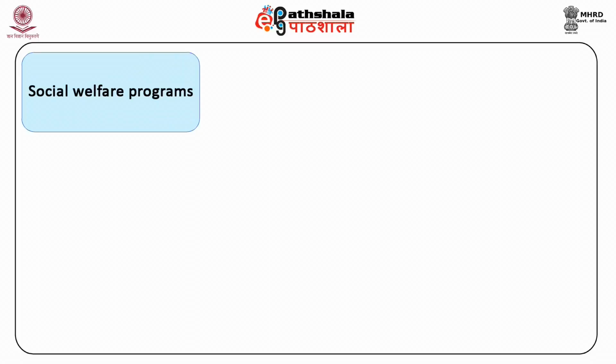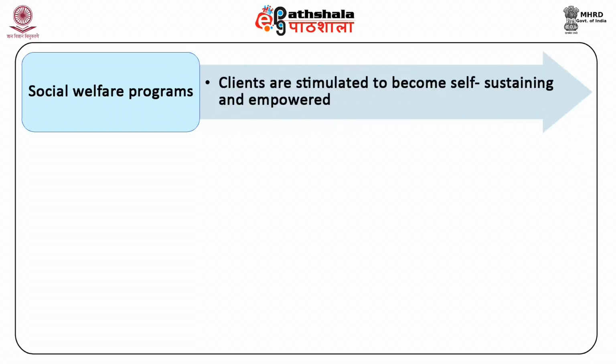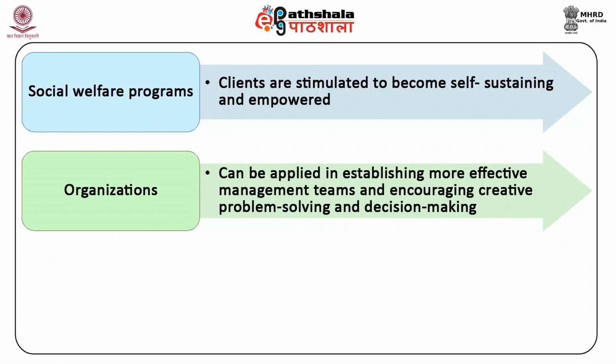Social welfare programs. Rogers believed that support is not simply handed out, but clients are stimulated to become self sustaining and empowered. Then their dependence on welfare will decline. Organizations. Rogers' approach can be applied in establishing more effective management teams and encouraging creative problem solving and decision making from many members of the firm.